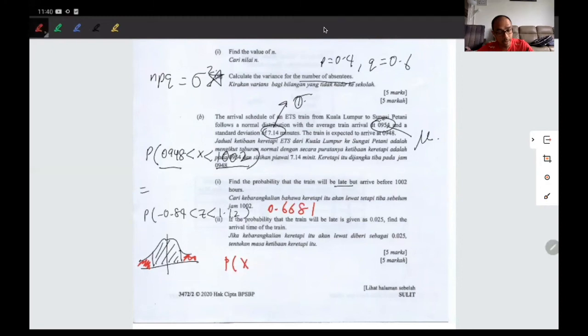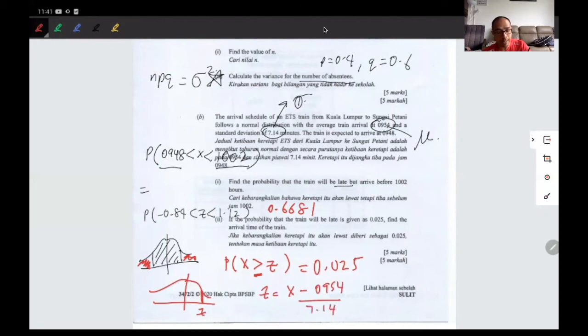So you are given P of X more than x is 0.025. So this is a reverse question. They give you the probability, and they ask you to find the value in reverse. Since 0.025 is the probability and it is more than, whatever value of Z you get will be on the right side over here. So you use the table, look for this value of Z, and whatever this value of Z is equals X minus 0954 over 7.14.